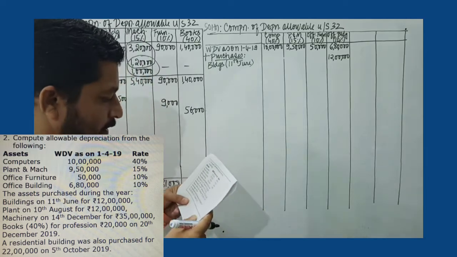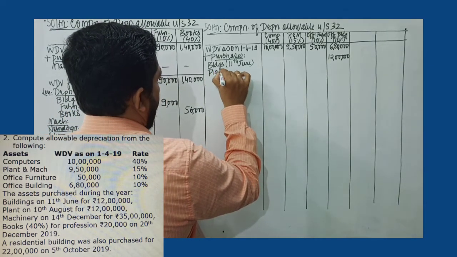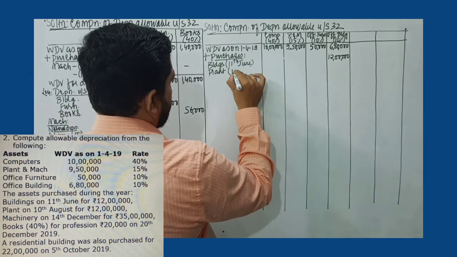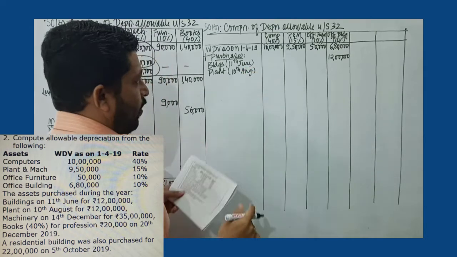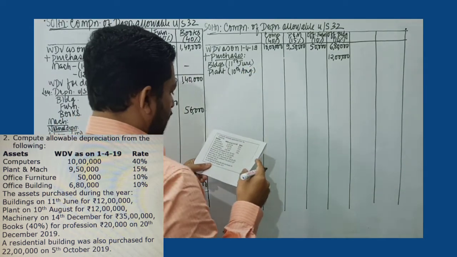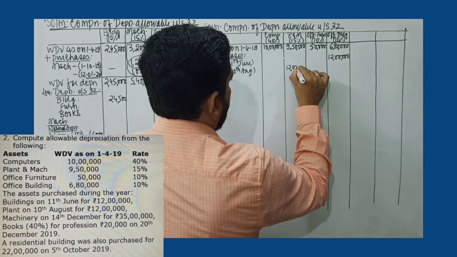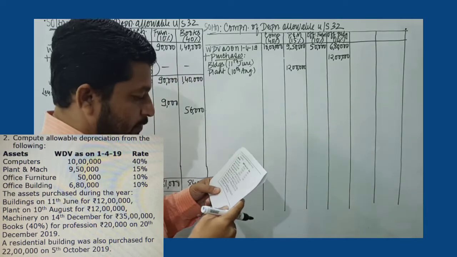Then plant is purchased. So I record plant is purchased on 10th of August. So 10th August, I record the value in the plant and machinery column. The value is 12 lakh rupees. So I record 12 lakh in the plant column.